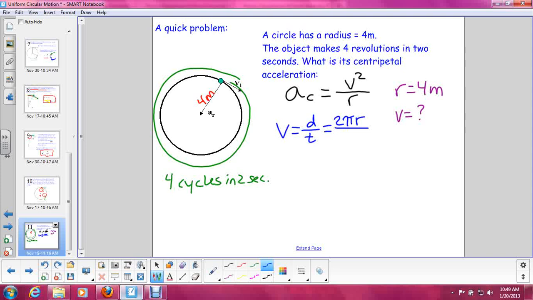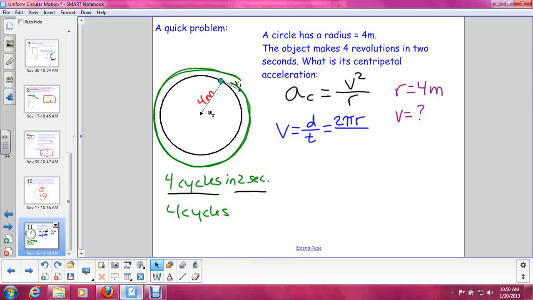Now time. Well, the time it takes to go that distance is going to be however long it takes to go all the way around the circle and come back once. So we know that this object will go around the circle 4 times in 2 seconds. So if we think about that, it goes around 1, 2, 3, 4 in 2 seconds. So one of those cycles has to be half a second. All we do is we take the number of cycles and we think about how long it took to do that.